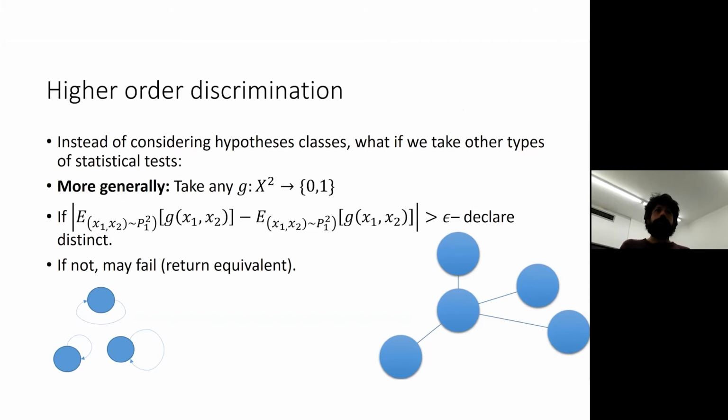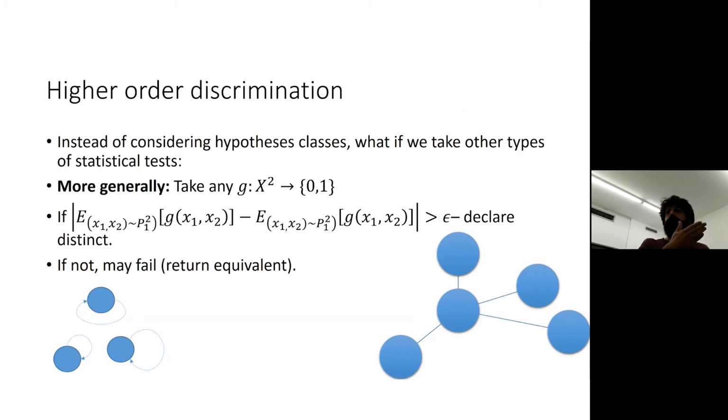So what we're going to do is take some graph over our domain. You can think of it as a Boolean function over pairs from your domain, or you can think of it as a graph. And the type of test that we're going to do to check if the two distributions are the same is we're going to draw IID two examples from P1.